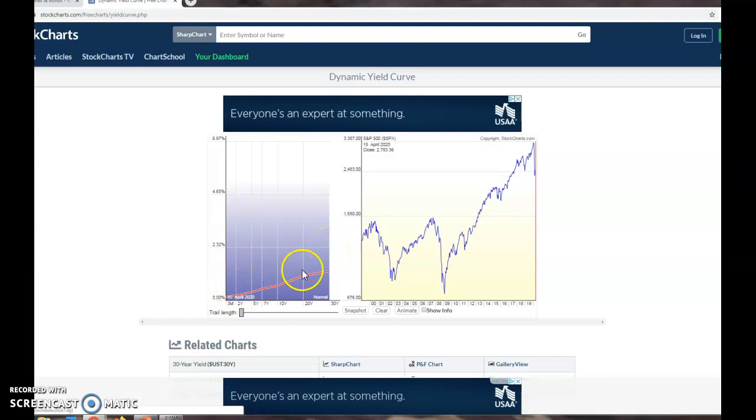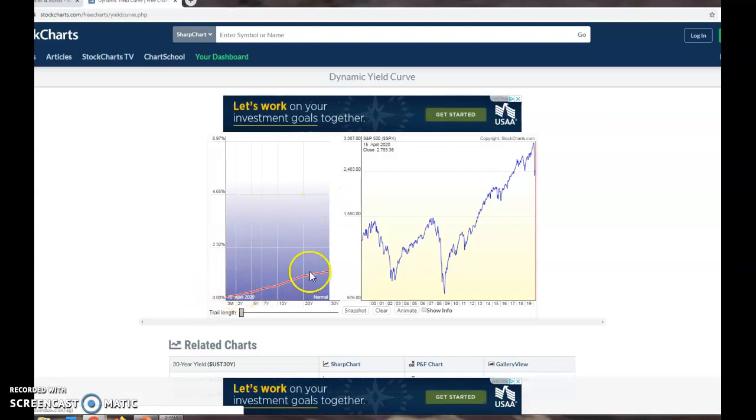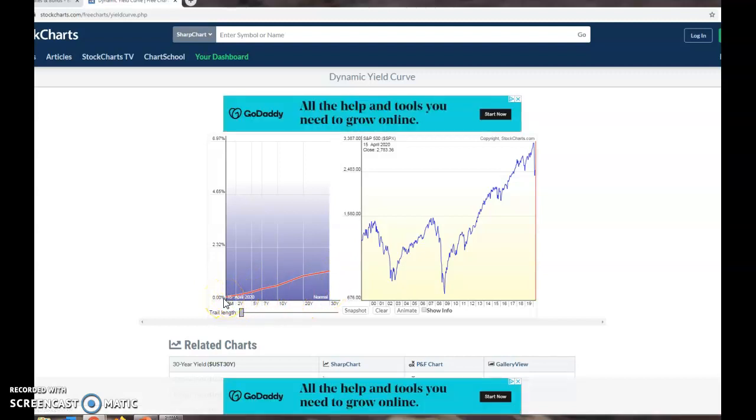It might look something like this, right? Or it could be quite steep if we're expecting a lot of economic activity and inflation in the future, but it's not steep. It's flatter, and it's probably going to flatten more as we start to expect less and less inflation and also less economic activity.